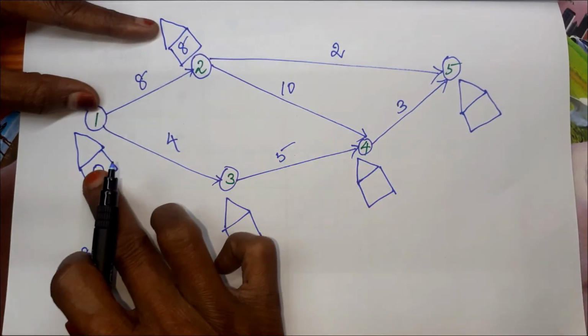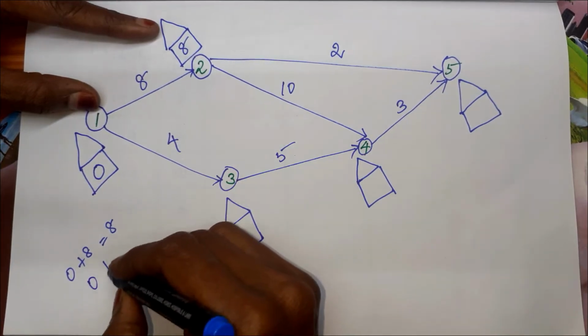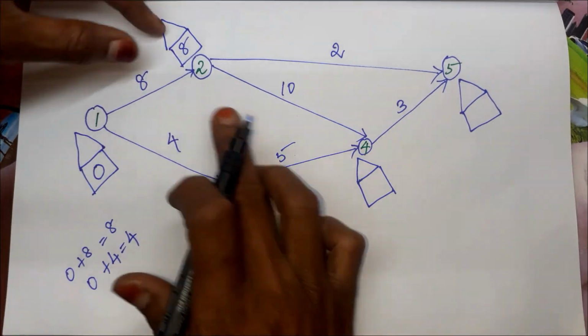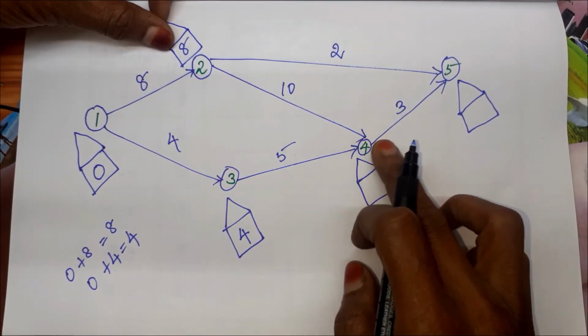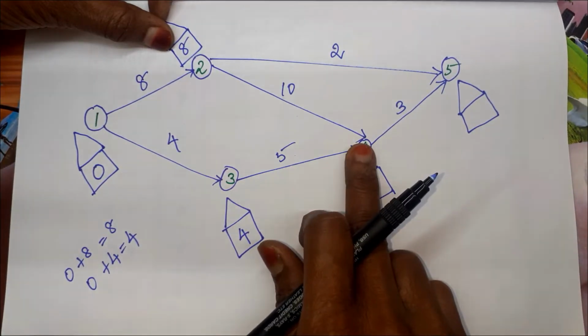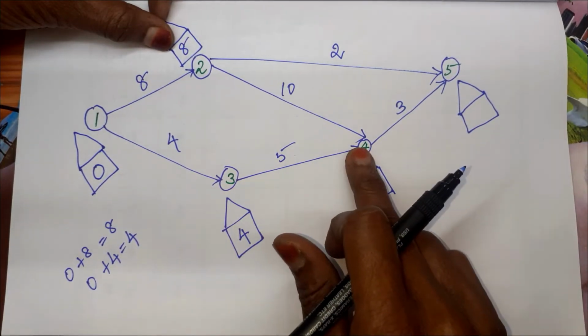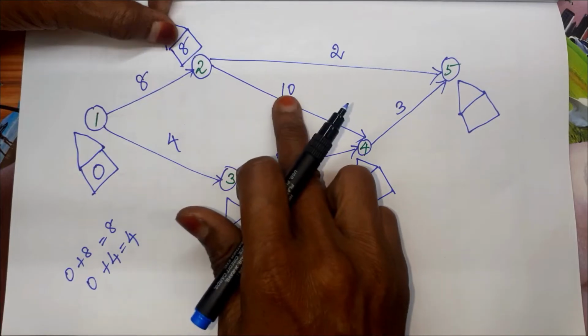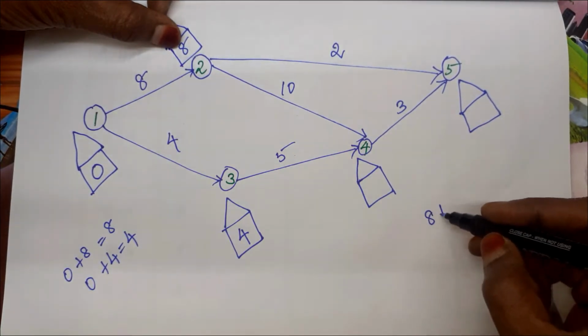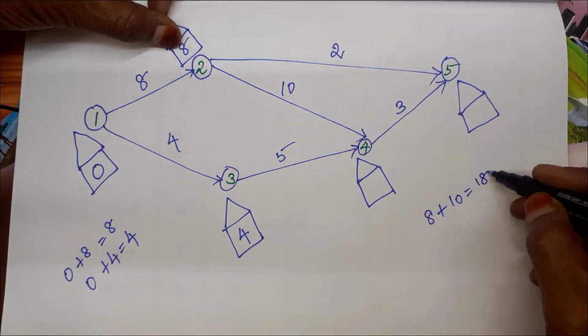Come to 3, 0 plus 4, which is equal to 4. For event 4 we have two paths. From 2 to 4 we have an activity, and from 3 to 4 we have an activity. From 2 to 4 the value is 8 plus 10, which is 18.